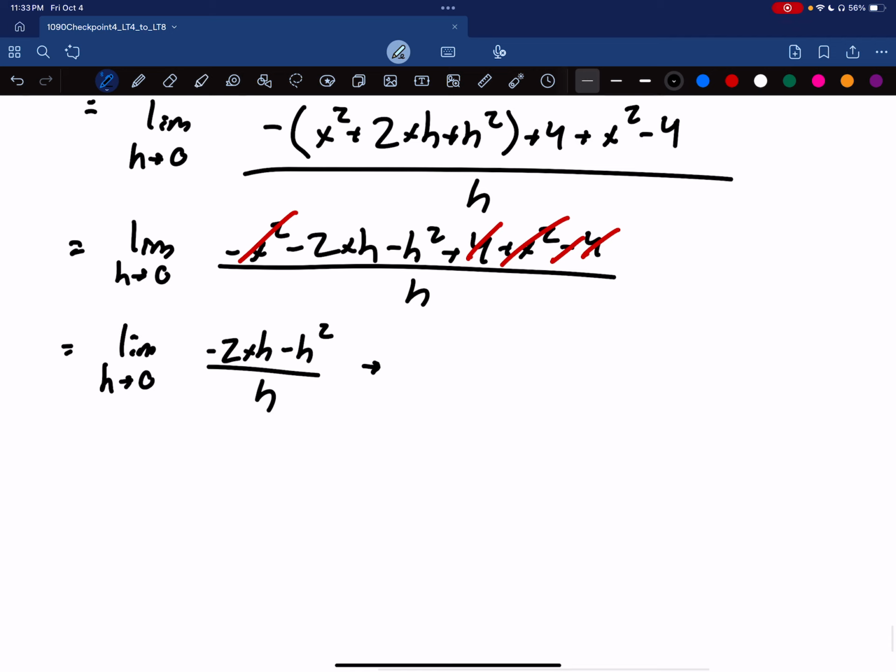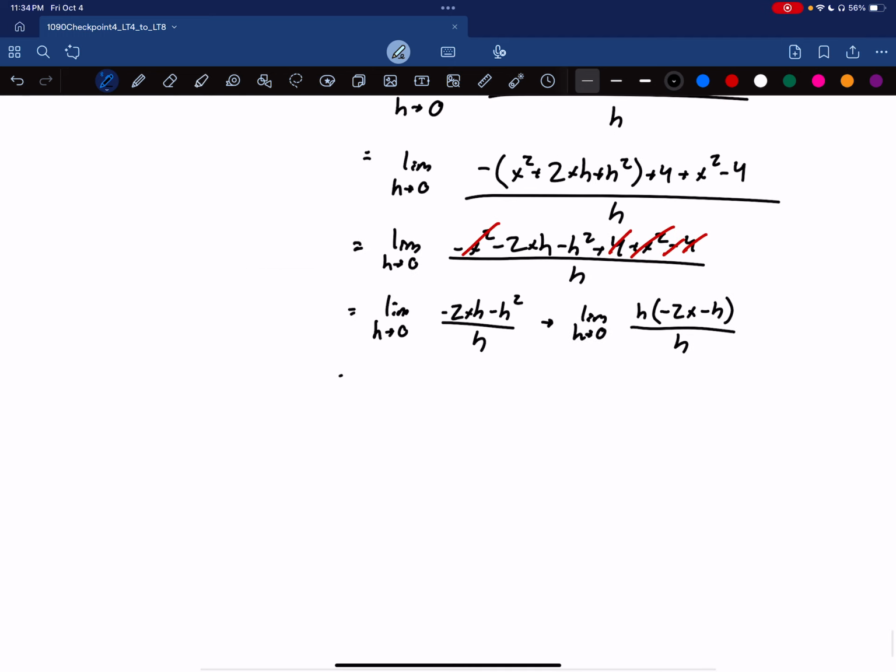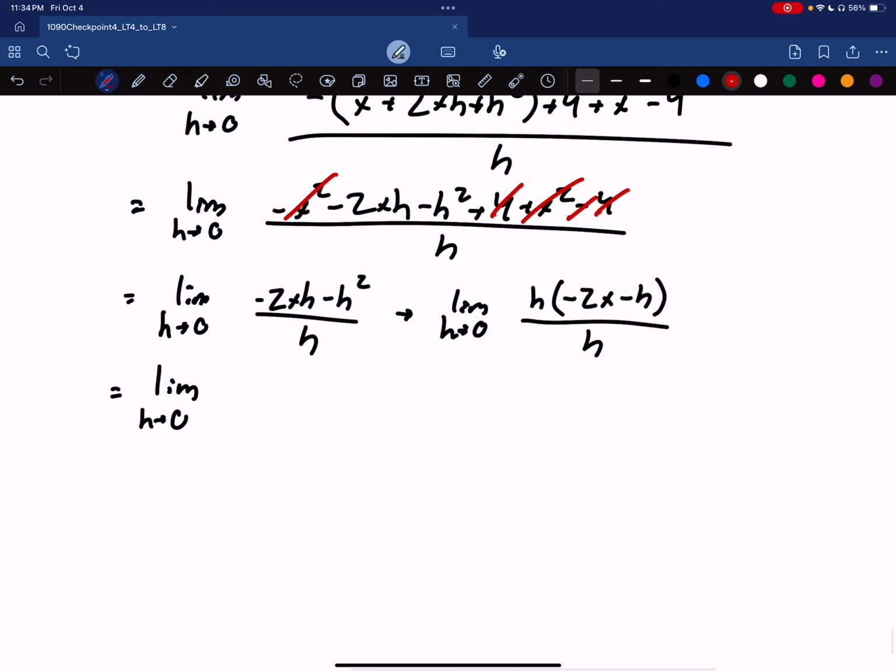And what I'm going to do from here is I'll factor out an h in the numerator. So we'll have h times (negative 2x minus h) all over h. And what you can see here is that this h and this h will divide themselves out.